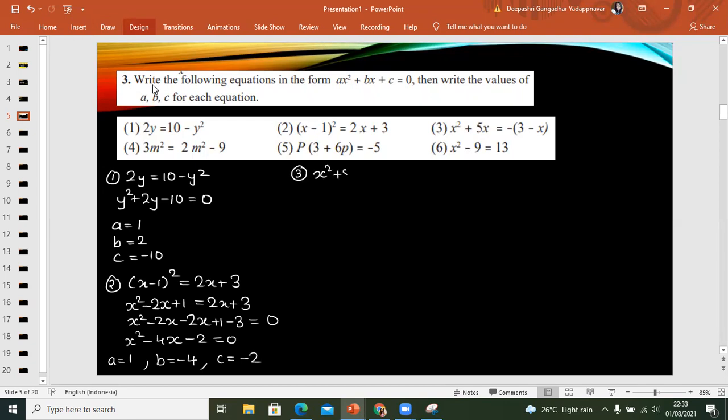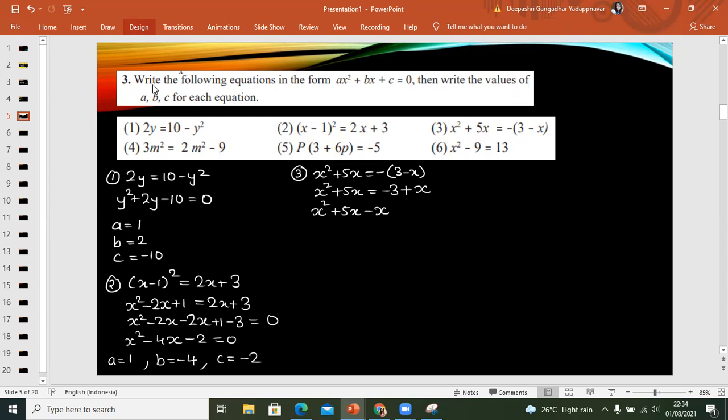X square plus 5x equal negative 3 minus x. So we have to solve this equation first, and write it in the form of a quadratic equation. X square plus 5x equal negative, multiply negative inside, so it will become negative 3, and negative times negative becomes positive x. So here again x square plus 5x, bring positive x to the left, it will become negative x.